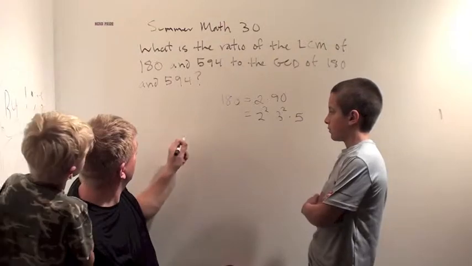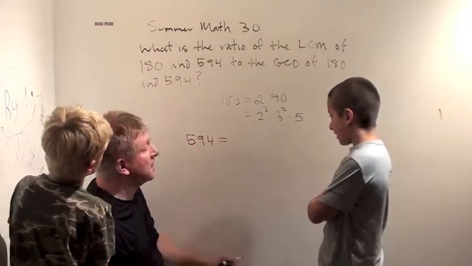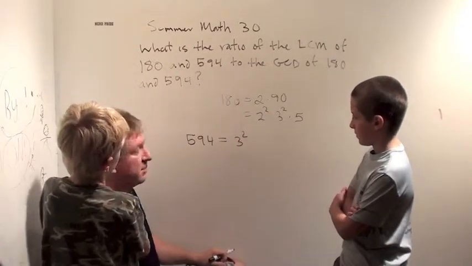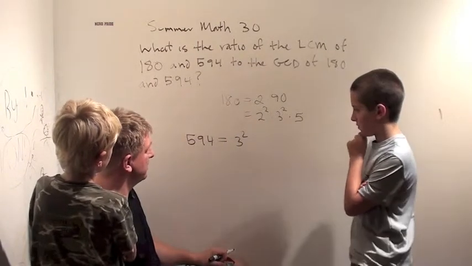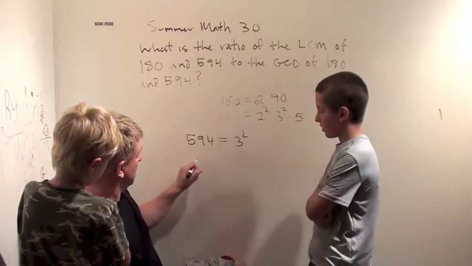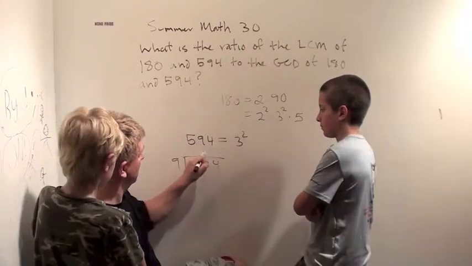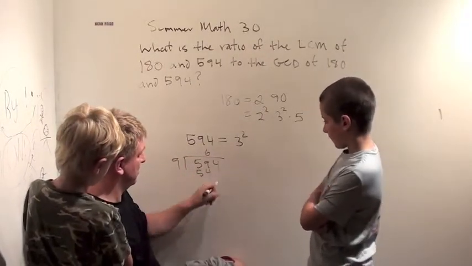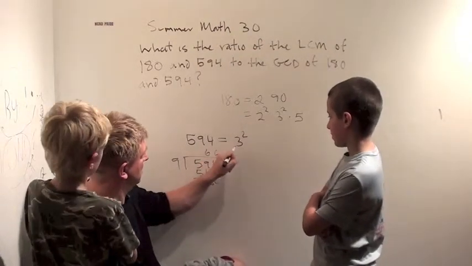594 is going to be a little bit more difficult, but what do you notice about 594? Well, it's divisible by 9. It is divisible by 9, so we got a 3 squared times, what is it, 9 times? We have to do long division on that. 594 divided by 9 is 66.